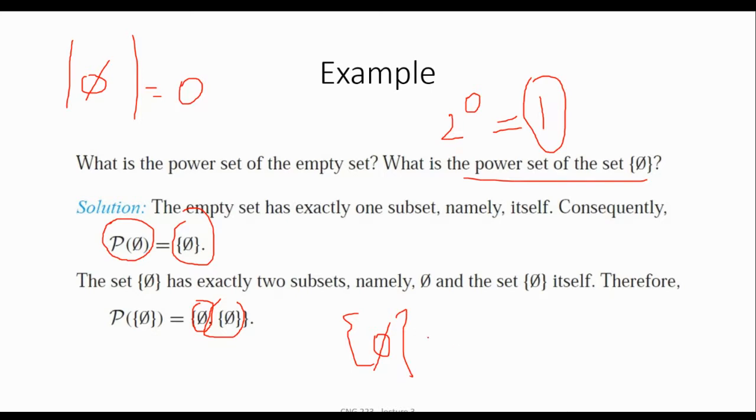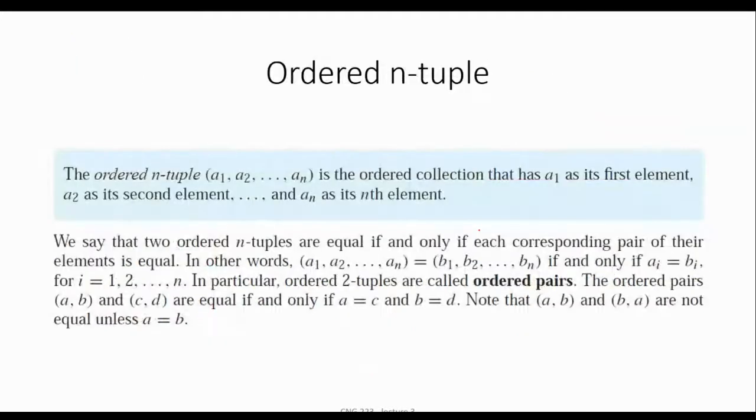This is 1, right? The size of it is 1. So what's the size of the power set of this one? This is 2 power 1, which is 2. You see, this formula always works, even for empty sets and singleton sets like this.